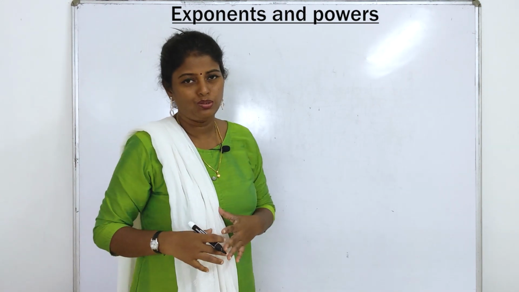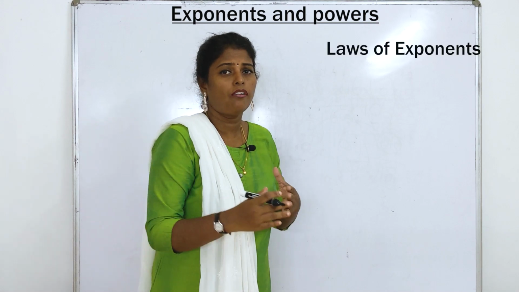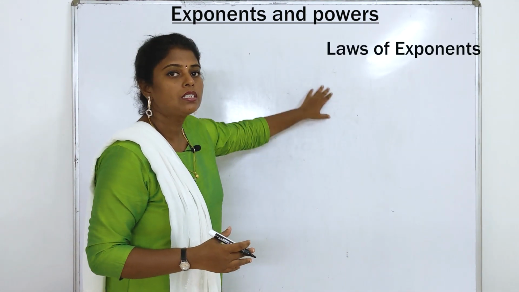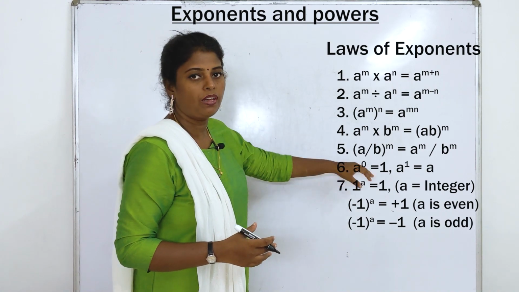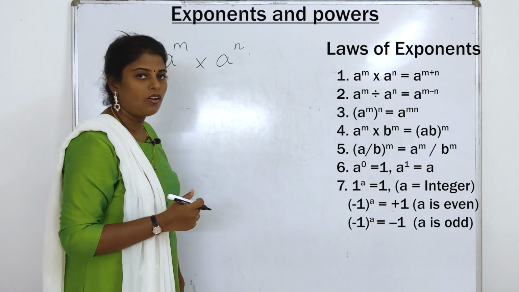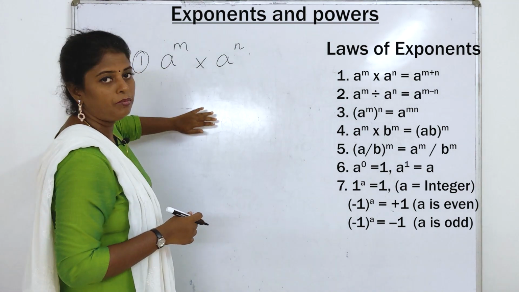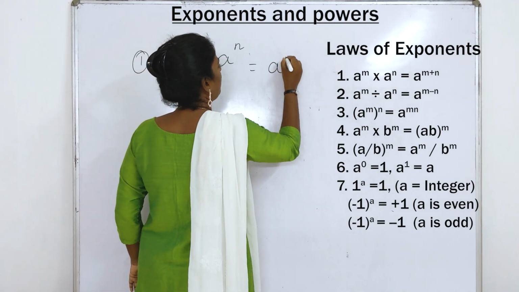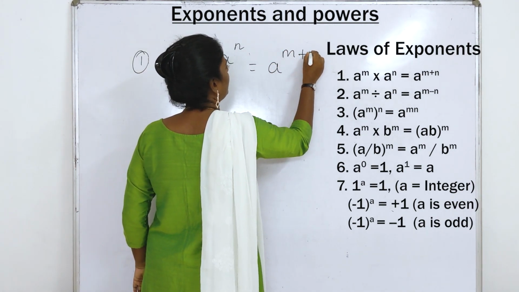Next we move on to the laws of exponents. We have 7 laws of exponents. They are listed here. The first law is a power m into a power n is equal to a power m plus n.